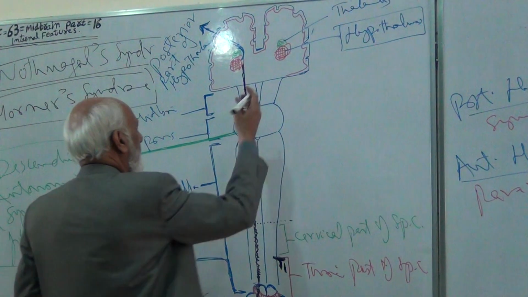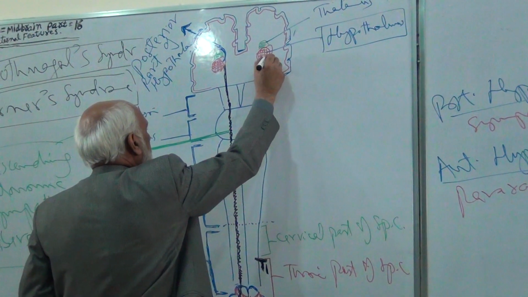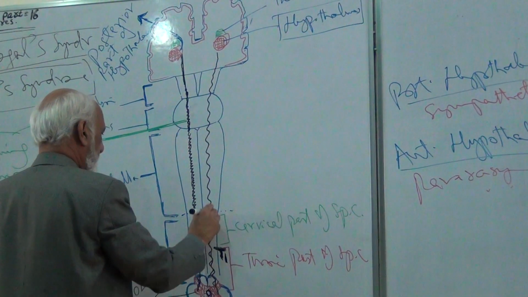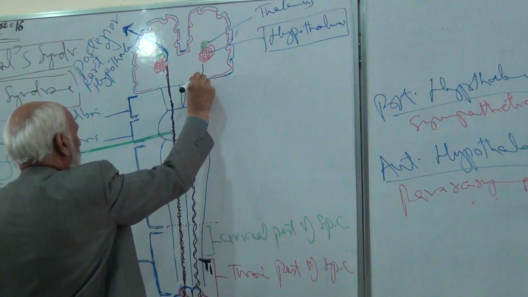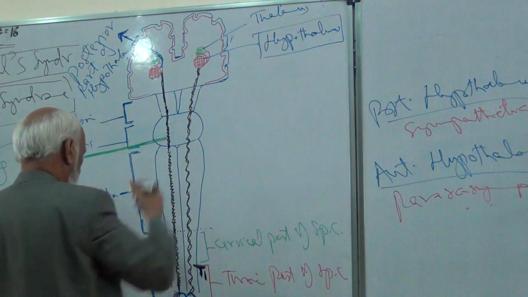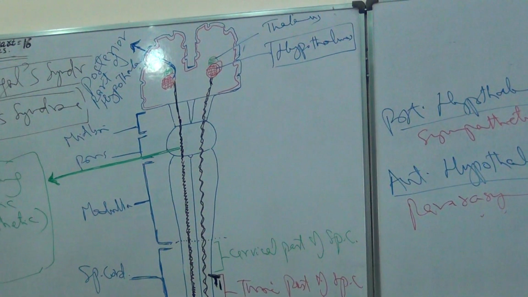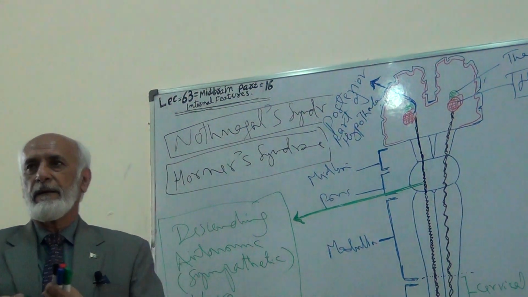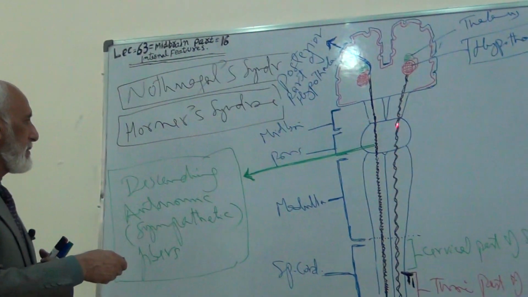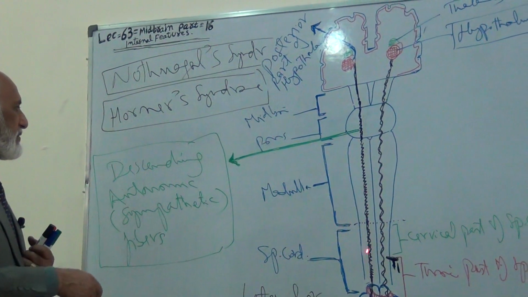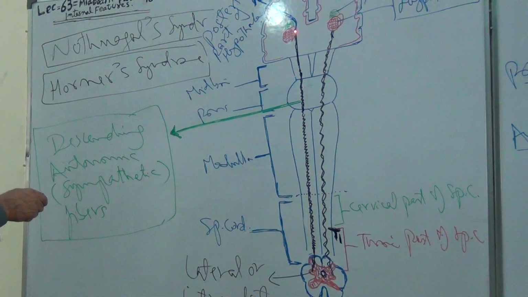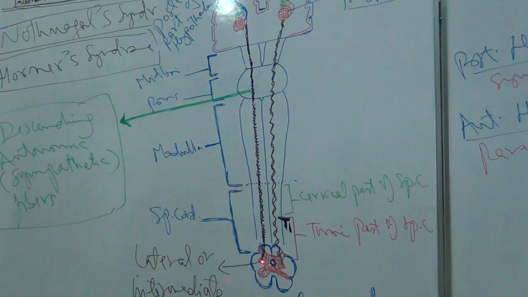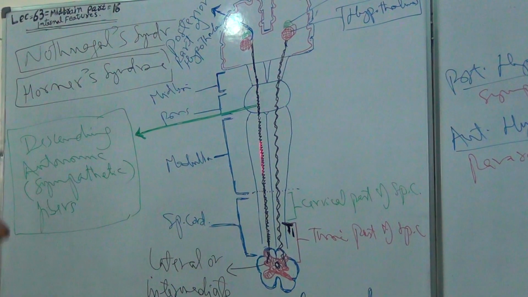So this is one side, and then on the other side, again, the same descending autonomic fibers arise from the posterior hypothalamus. So we are discussing Horner's syndrome. Now, a lesion anywhere in this descending sympathetic pathway from the posterior hypothalamus down to the lateral horn of the T1 spinal segment, having the ciliospinal center. Lesion anywhere.